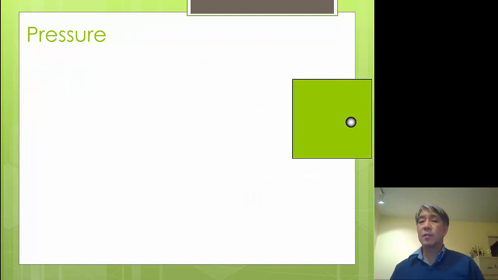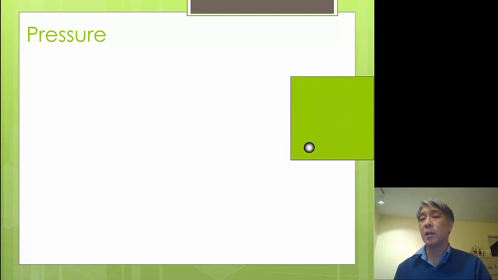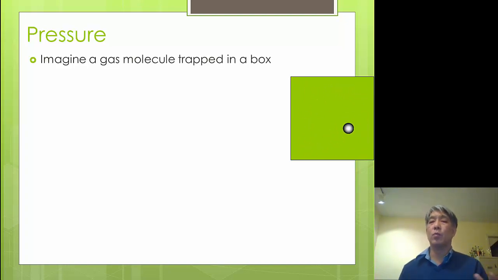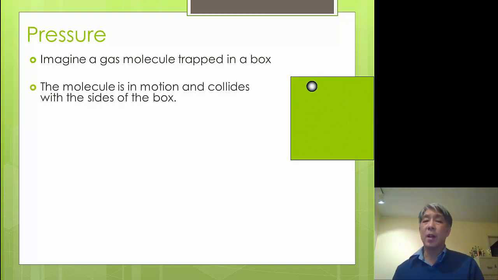First off, let's talk about pressure. Right here on the right hand side, I basically have a molecule that's moving around in a box. It's bouncing between walls. Normally there'd be many molecules, but we're just focusing on this one. Since the molecule is in motion, it collides with the sides of the box.